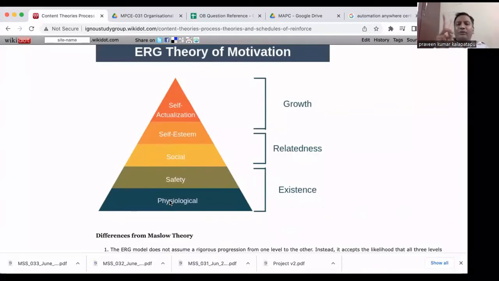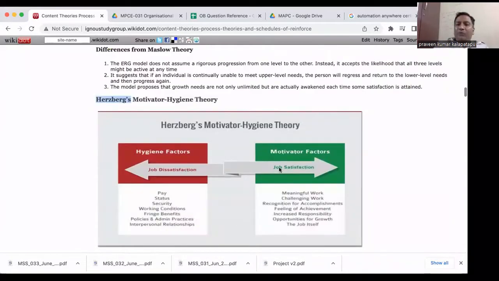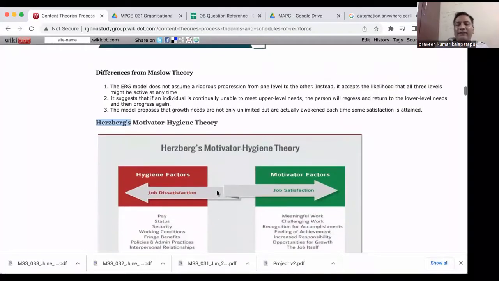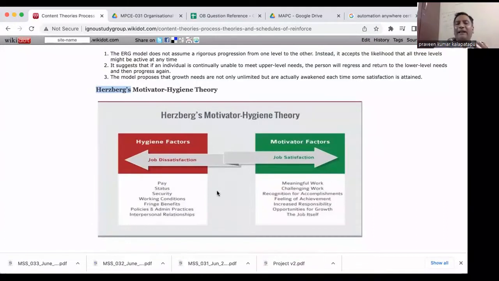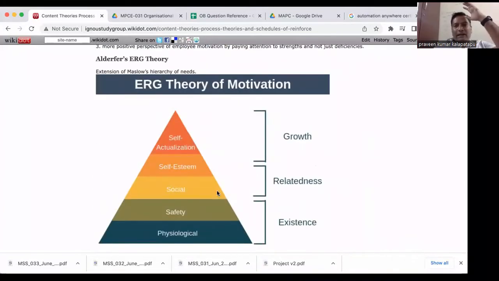What are those 2? One is the motivating factor. The other is the hygiene factor. So what is a motivation factor? What is a hygiene factor? Motivation factors are the ones which are going to take your satisfaction to the next level. In this case, the growth factor that you are talking about, and to some extent relatedness, are something which will fall under these motivators.